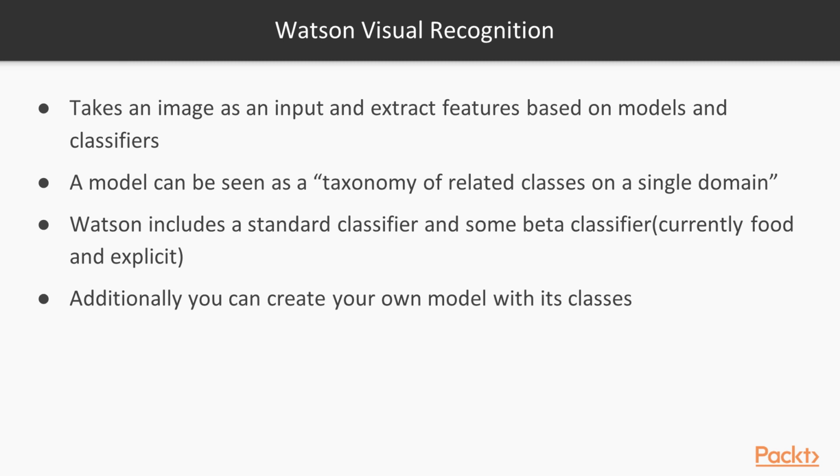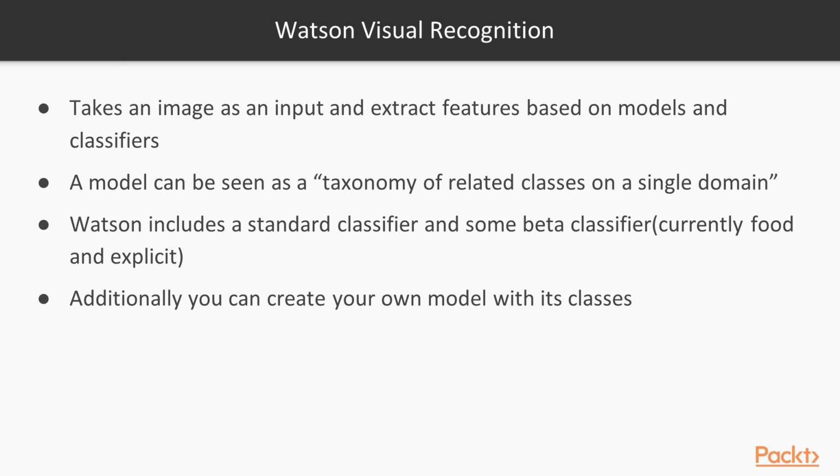So the intents in some way are the way we are structuring the unstructured data. In the case of image recognition, you also have a model that, for example, can be talking about persons, dogs, something like this. And then you design the classifiers that are analogous to the intents. We will look at it in the next slide. So the features that you extract from Watson are the classes that the image belongs to.